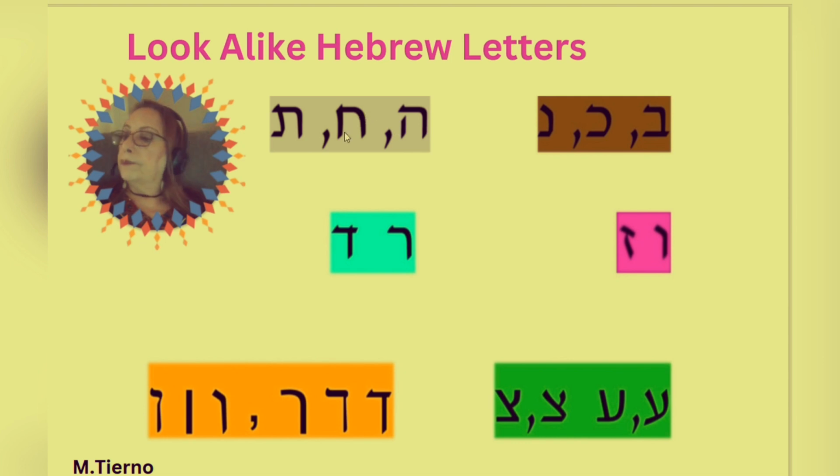So this one has a little bit of a curve up on the top. Hey, Chet, and Tav. So this one, the Hey, looks pretty similar to the Chet. The difference is this one is a little obvious, okay?